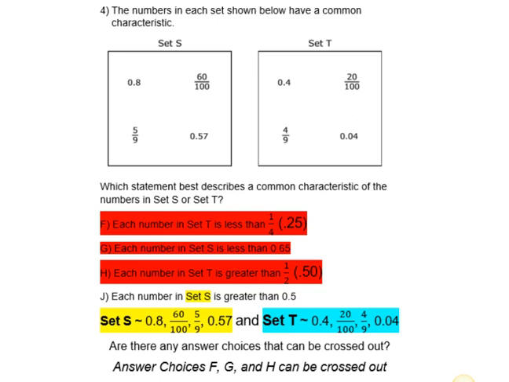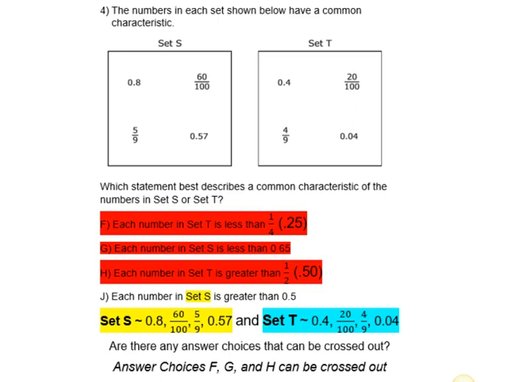Okay, so because we already know those answers are wrong, you can look at the other numbers in that set as well. You can convert the fractions to a decimal, or vice versa, convert the decimals to a fraction, to see if it's incorrect. But once you see that there's one number that doesn't match what the answer choice is saying, you can move on.